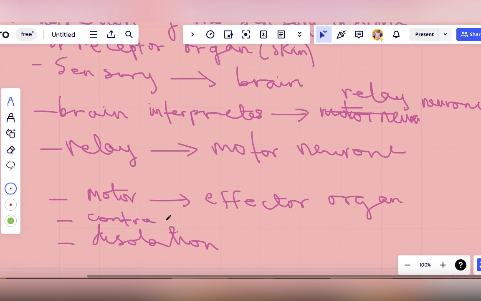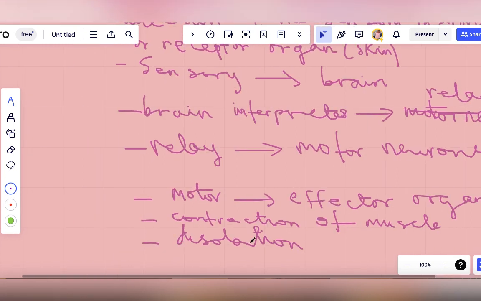Contraction of muscles. We mention dilation, vasodilation also.